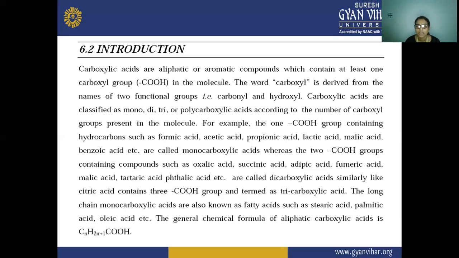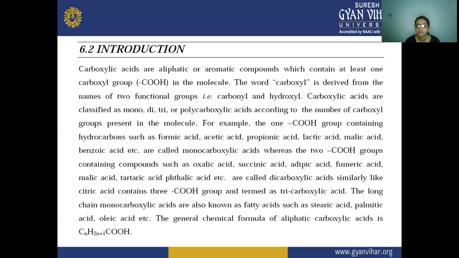So these hydrocarbons, the compounds that contain one COOH group, are called monocarboxylic acids. For example, formic acid, acetic acid, propanoic acid, lactic acid, malic acid, and benzoic acid, which is an example of an aromatic compound, are known as monocarboxylic acids.